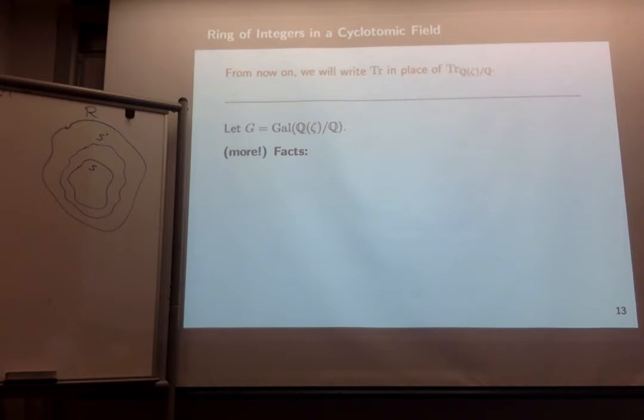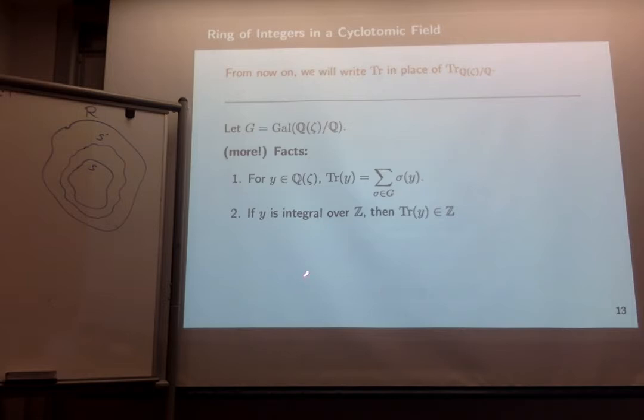Okay, some more facts. We're going to write Tr in place of the trace of Q adjoin zeta over Q. Let G be the Galois group. Some facts here again that I won't prove, but I'd be more than happy to talk about with you after. The trace of an element is just the sum of its Galois conjugates, of all the Galois conjugates, which I think is really cool.